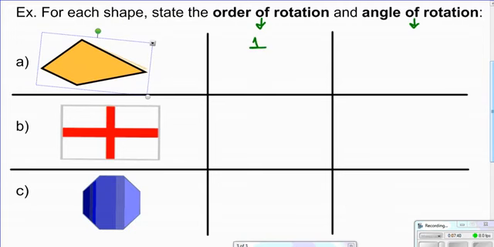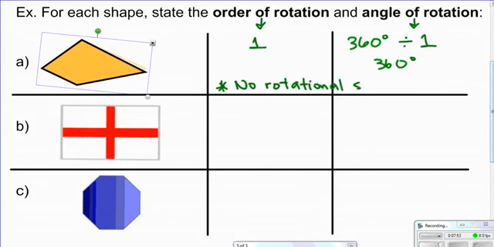And so the angle of rotation would be 360 degrees divided by 1, so 360 degrees. And so we would say that this shape has no rotational symmetry, because it only fits after you've turned it around 1 full time.